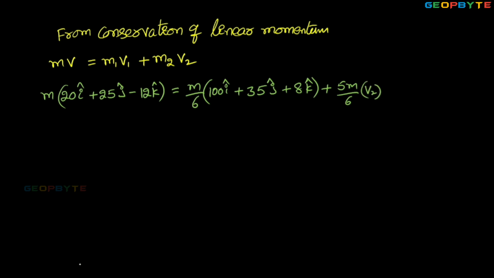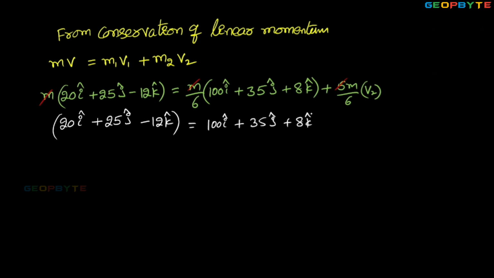Now let us simplify it. Here m is cancelled on both sides. Now it is 20 i cap plus 25 j cap minus 12 k cap is equal to (100 i cap plus 35 j cap plus 8 k cap plus v2) whole thing divided by 6.